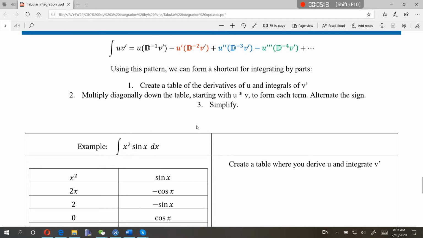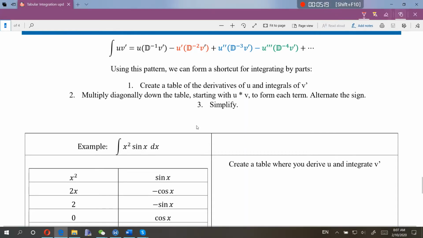So I'm going to start with our original function. And I'm going to derive the part we need to derive and integrate the other part. So whatever you choose for u, you're just going to derive down.